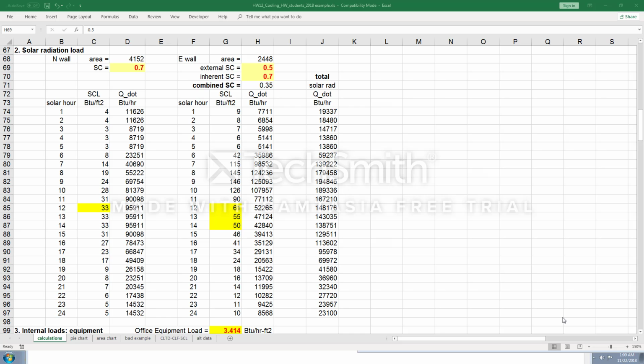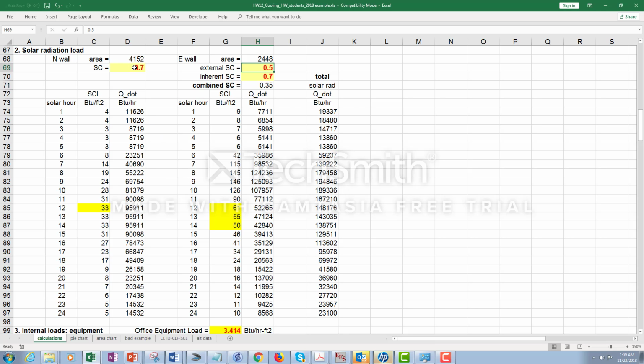One thing I wanted to note about the solar radiation load. The solar radiation load is calculated for a nominal type of glazing, which is single strength, very thin, very clear glass, the kind you might buy from a hardware store, but you'd only use it for a picture frame.